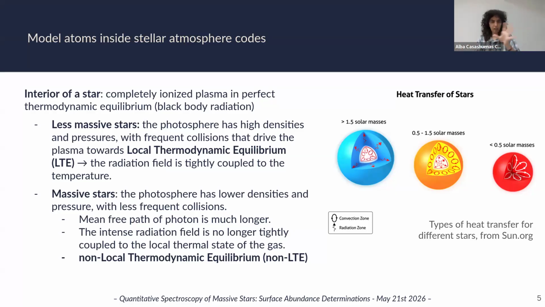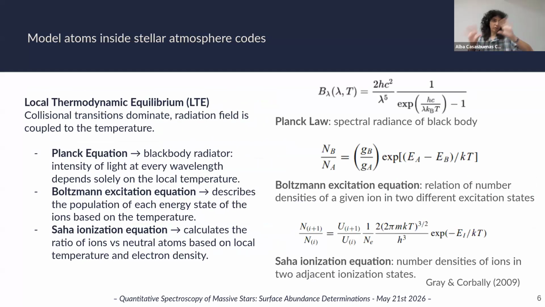So if we go over these two approximations a little bit more, when we're doing local thermodynamic equilibrium, which again means that the collisional transitions are dominating and the radiation field is coupled to the temperature, we can define the atmosphere of the stars more or less by these three equations. The Planck equation, which is the black body radiation equation, which shows how the intensity of light at every wavelength is dependent on the local temperature.